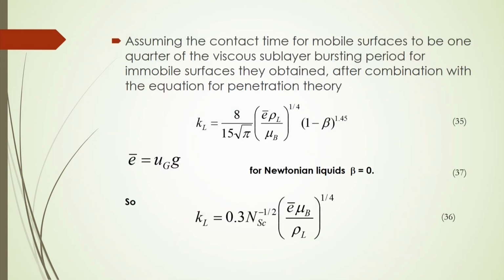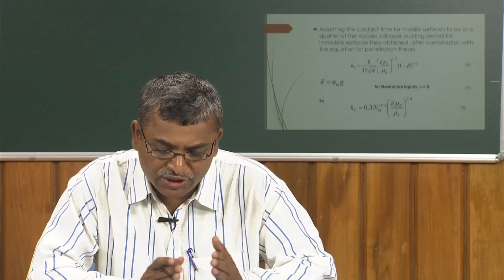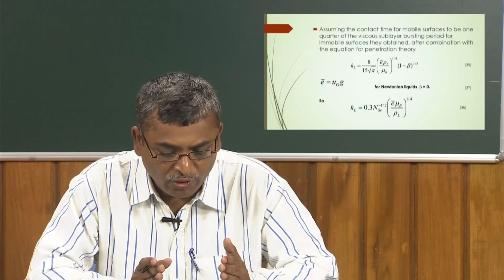Now, assuming the contact time for mobile surfaces to be 1/4 of the viscous sublayer bursting period for the immobile surfaces, they sometimes affect the surface exchange, or you can say the surface mobility, because of which there will be some change in the mass transfer coefficient.